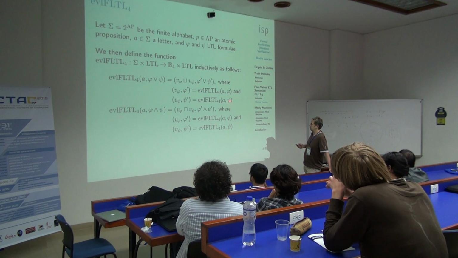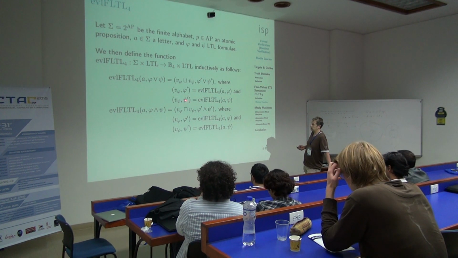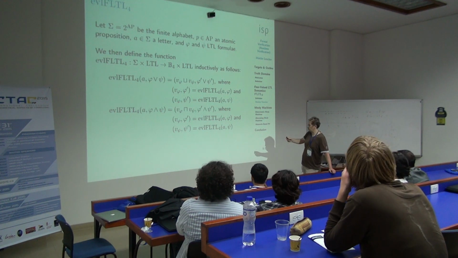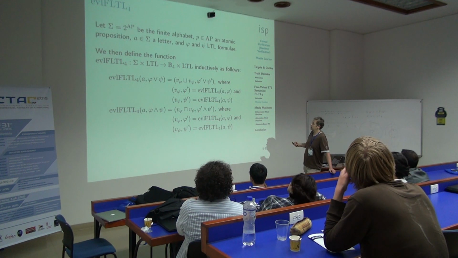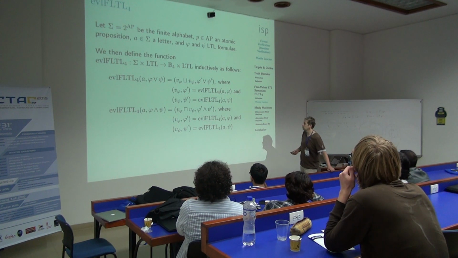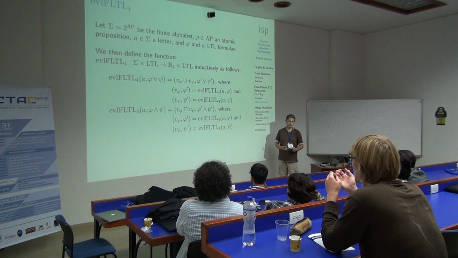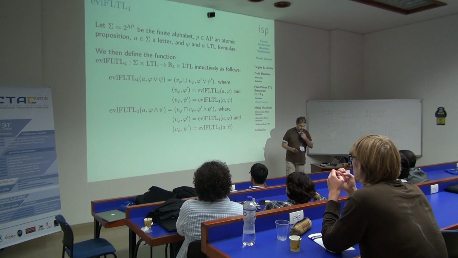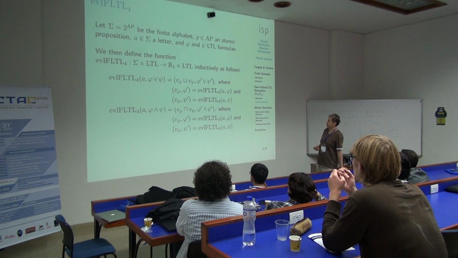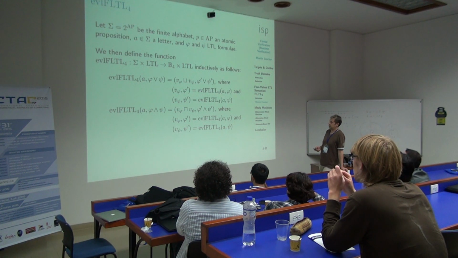We get the rewritten version of psi, this psi prime, this is what we should check in the next position. And we combine these two using disjunction. So that's the formula that we continue to check starting from the next step. Alright, so this is why it's a little bit more complicated.